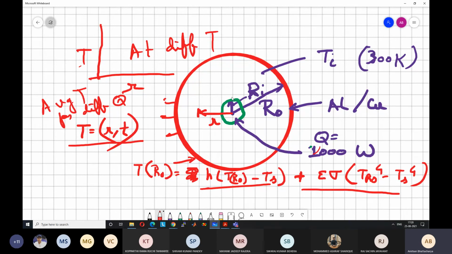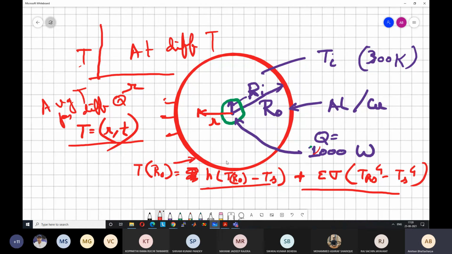Why? Because the initial temperature of the plate is Ti, 300 Kelvin, and the surrounding temperature is also 300 Kelvin. So there is no heat loss at all. Once you put some heat input, the heat loss increases because T at the boundary will increase with time.